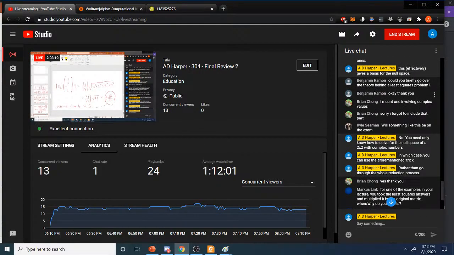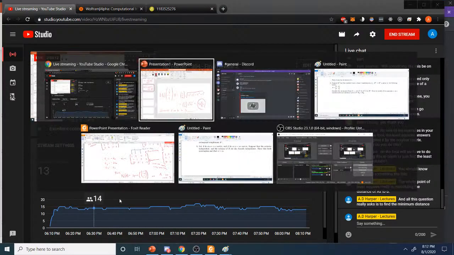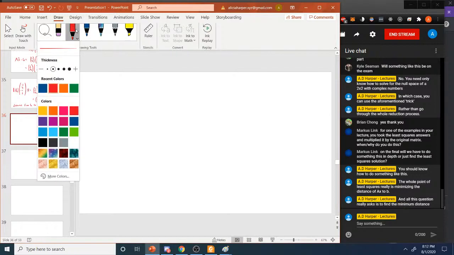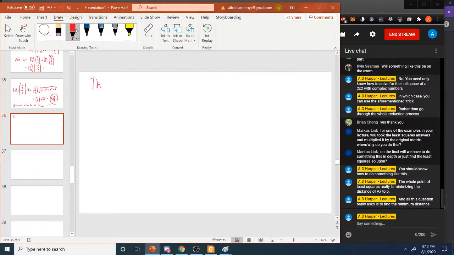Benjamin also asked if I could go over the theory behind least squares. So I'm going to do that really quickly. The theory behind least squares. So here's how it goes.